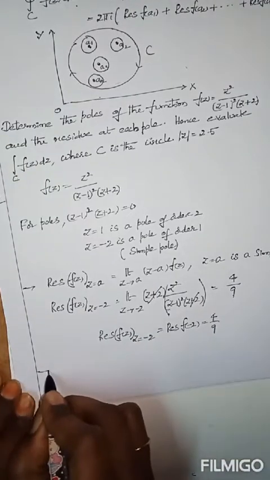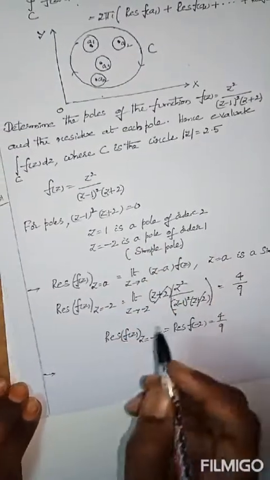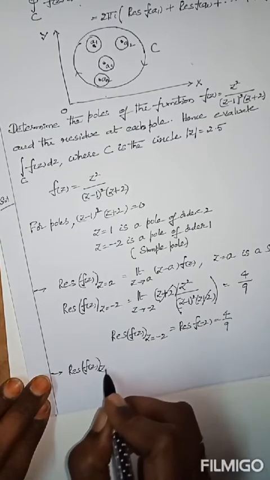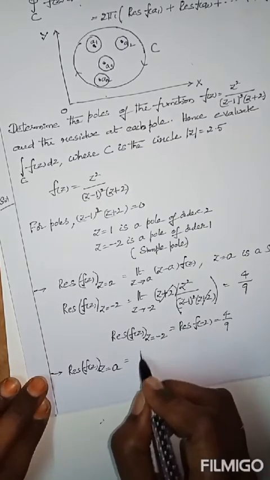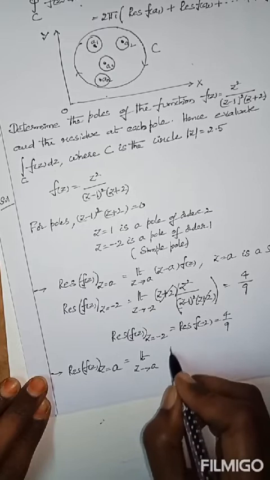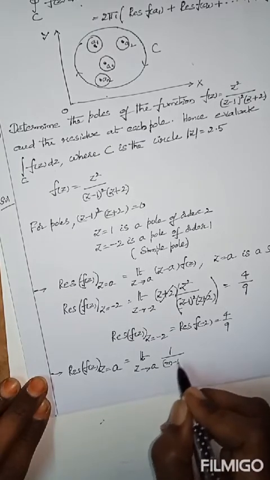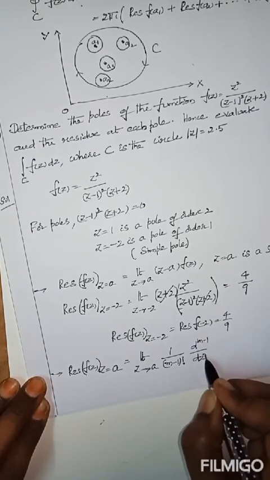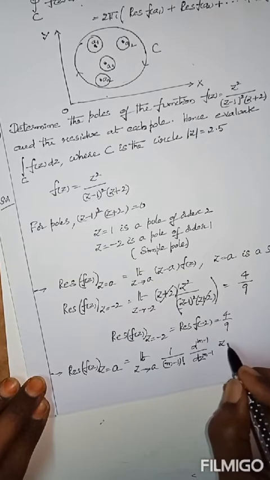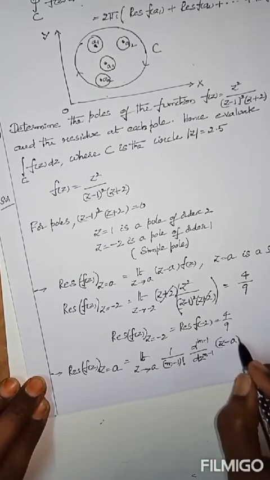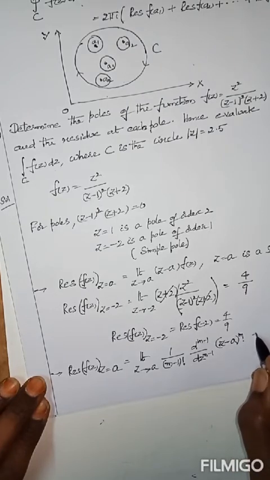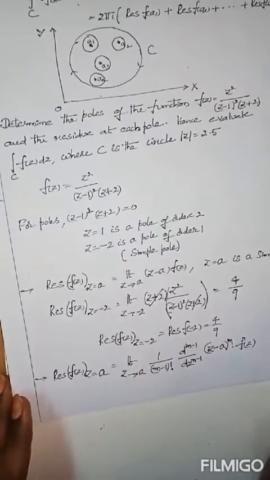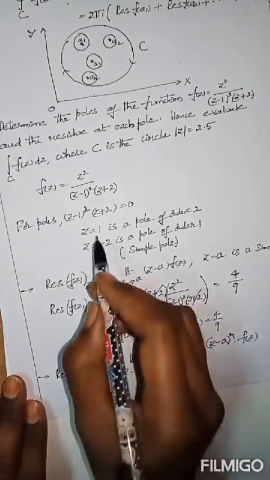It is over. Next, the second pole is of order 2. The corresponding formula is residue of f(z) at z equal to a equals limit as z tends to a of 1 by (m minus 1) factorial times d to the power of m minus 1 by dz to the power of m minus 1 of (z minus a) to the power m times f(z). This is the formula for an mth order pole. According to this, the present point is 1.